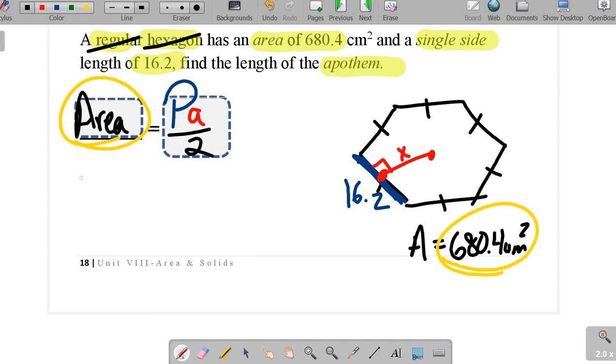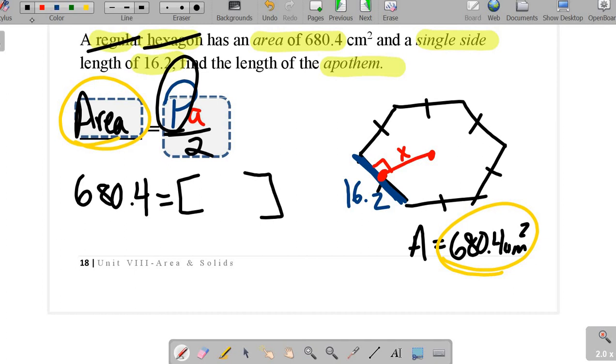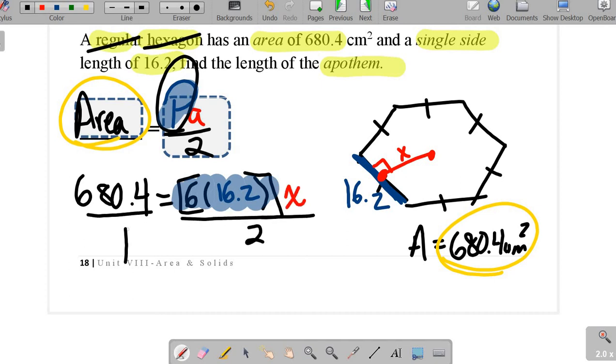Area. My perimeter is 6 sides times 16.2. All of that is my perimeter. Times my apothem, which I don't know, that's x, over 2.